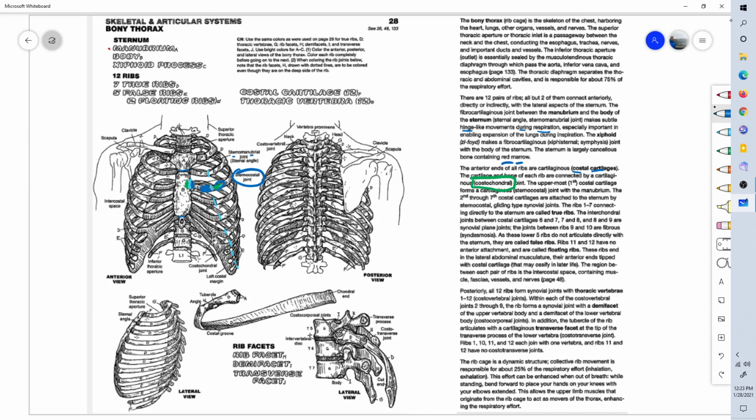Now, obviously, every rib has a costochondral joint. Here, here, here, here, here, here, here, here, here. Well, except the floating ribs. But not every rib has a sternocostal joint.